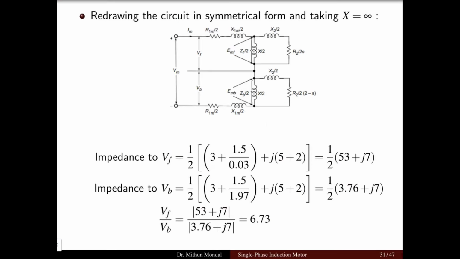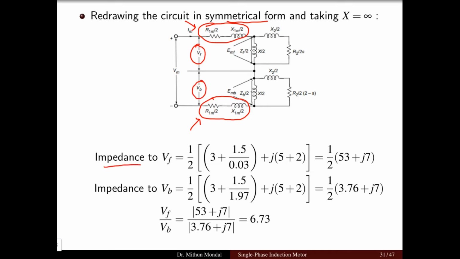Now again, we have to obtain the circuit in a symmetrical format to make the calculation easier, so that we divide the stator parameters in half of its value in the two parts to make the circuit symmetrical, so that we can obtain the impedances and the voltage of the forward field and the backward field.